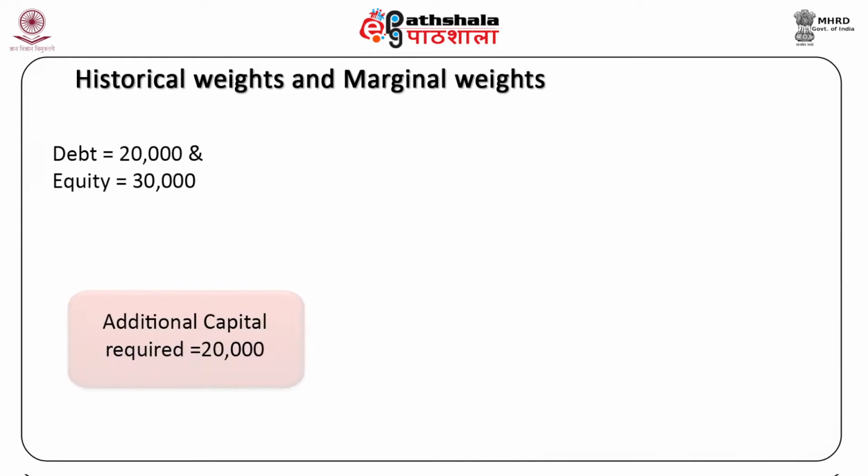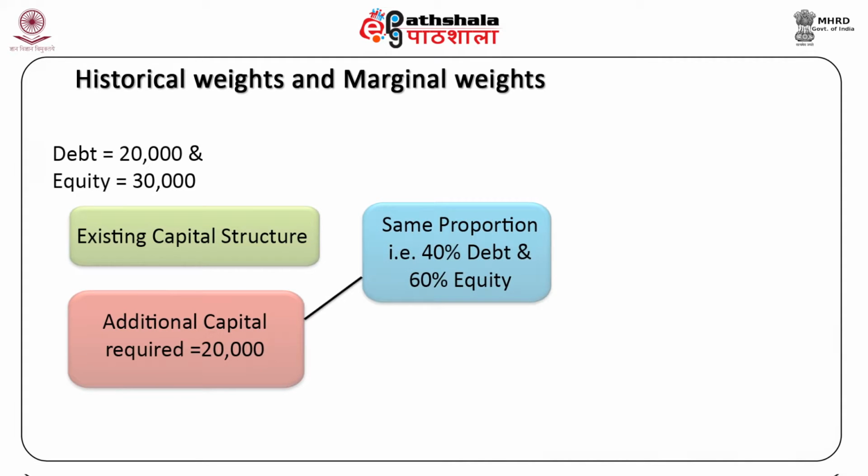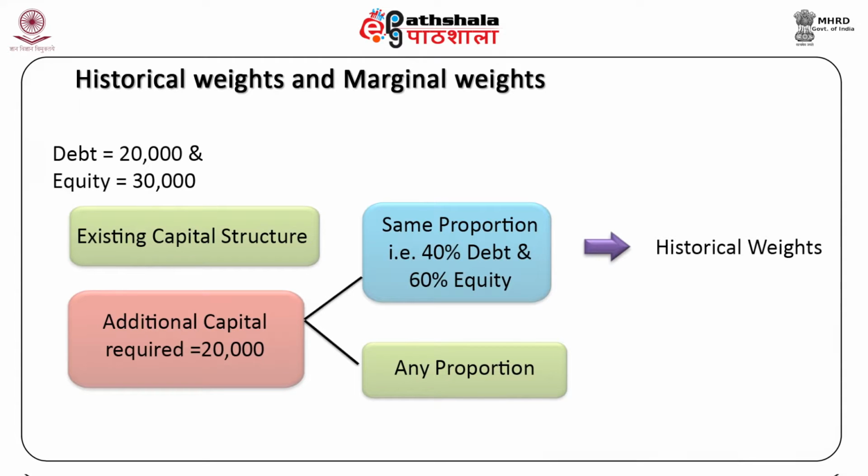First, it can raise the additional rupees 20,000 in the same proportion of its existing capital structure, that is, rupees 8,000 or 40% through debt and rupees 12,000 or 60% through equity. Second, it can raise additional rupees 20,000 in any proportion without referring to the existing capital structure. If the company goes for the first option, it would be said to use historical weights, and if the company goes for the second option, it would be said to use marginal weights.